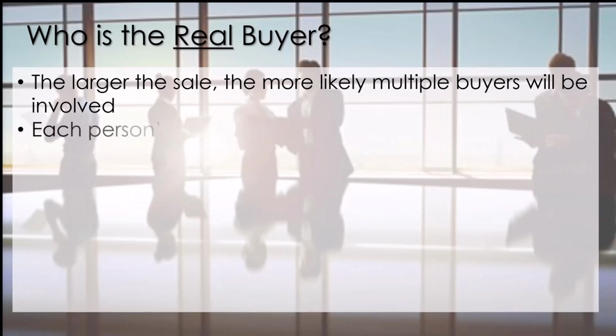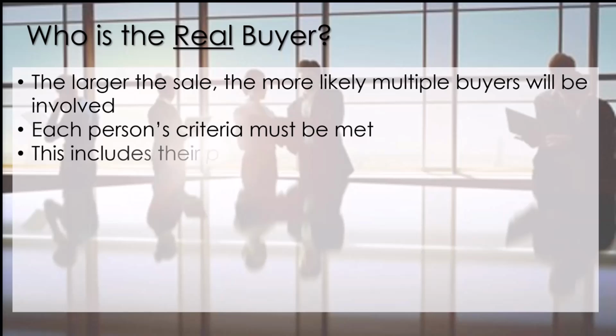Each person's criteria must be met. If you have 3 people at the table that's representing the client's organization, you will do 3 presentations, and you may need as many as 3 cost justifications. Now, this includes their perception of your price.